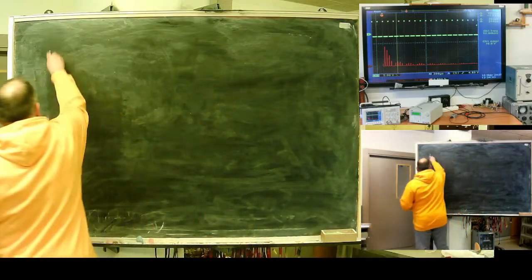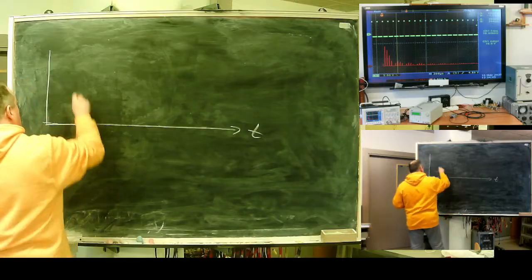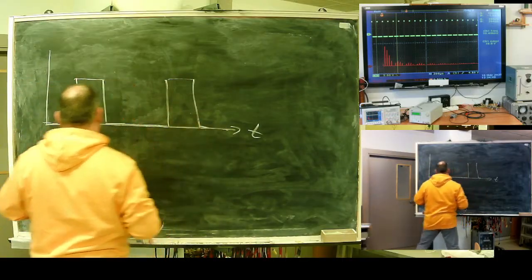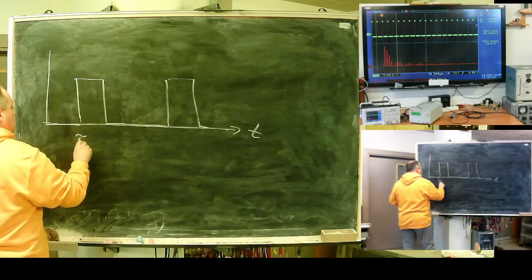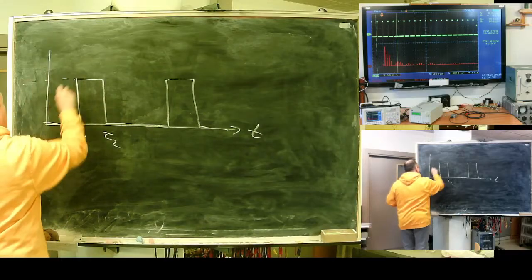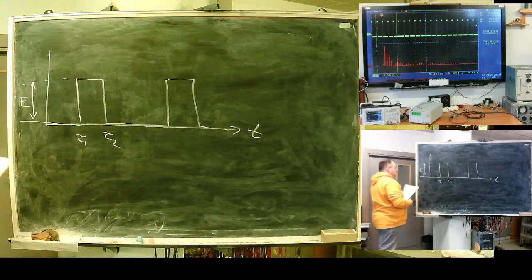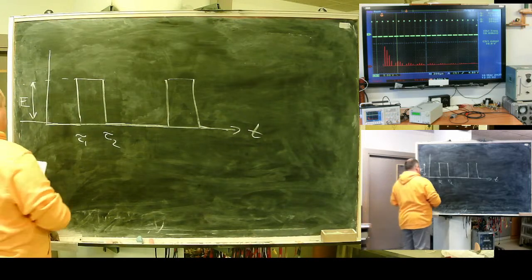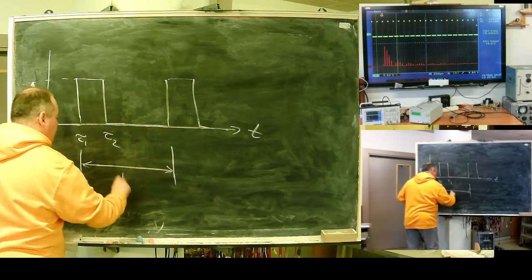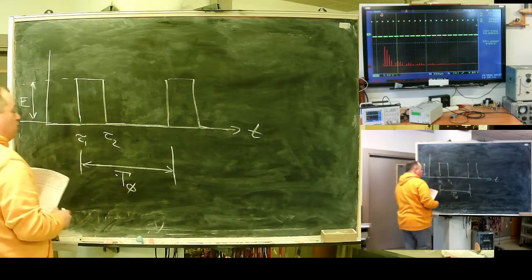Okay, let's say I have a sequence of pulses. Tau 1 and tau 2 are the timing of a pulse, with magnitude, let's say, E volts, and they repeat with a period of T0.